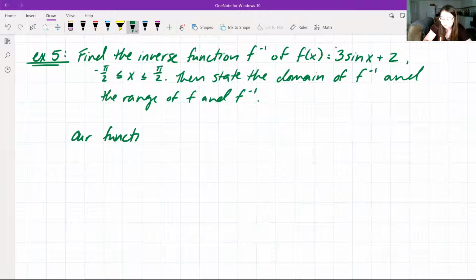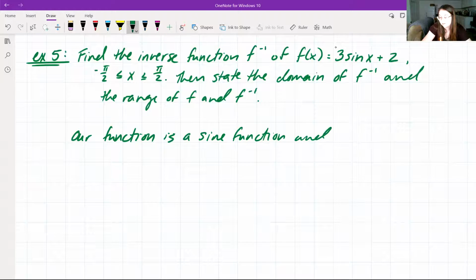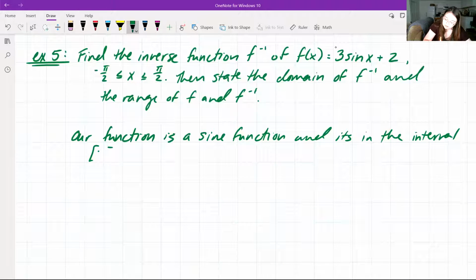So our function is a sine function, and it's in the interval negative pi over 2 and pi over 2.